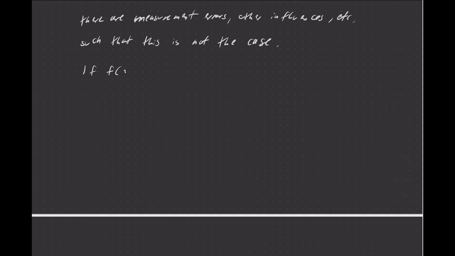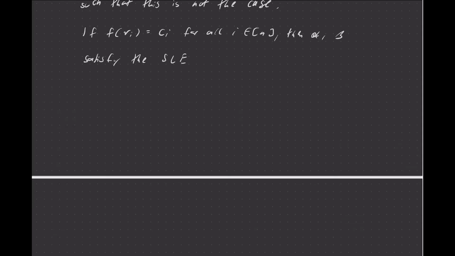So if f of Ri would be equal to Ci for all i in n, then alpha and beta satisfy the following system of linear equations. Now the SLE we get here is the following, assuming that R1 and C1 satisfy f of R1 equals C1, and f of R1 is alpha times R1 plus beta, that is then equal to C1.